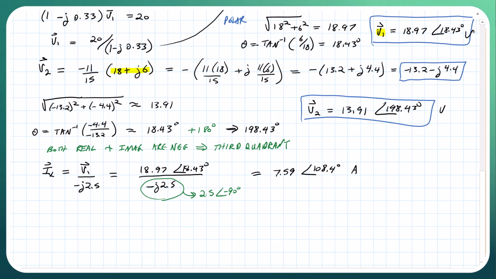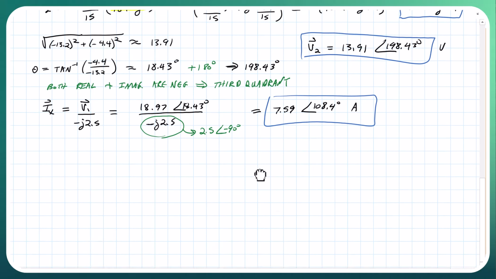So we have our I over here in polar form. Now if we were going to do this in the rectangular format, we would have to add another 180 to these, because you're going to be in the second quadrant. Okay, so this is what we get for I.